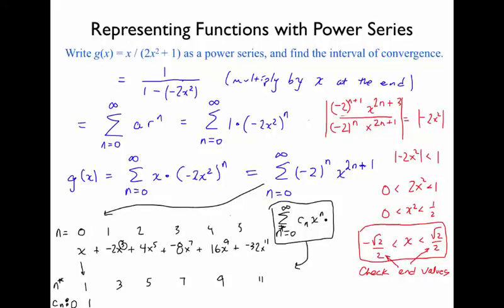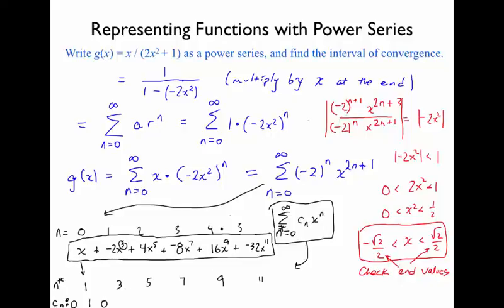Then when the exponent is 2, what coefficient do you need? 0. So C0 is 0, C1 is 1, C2 is 0.